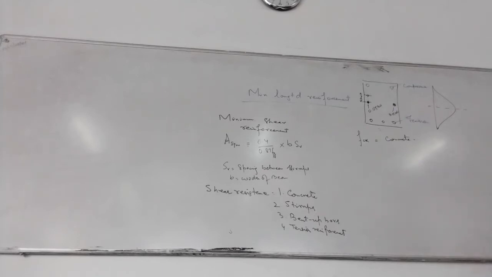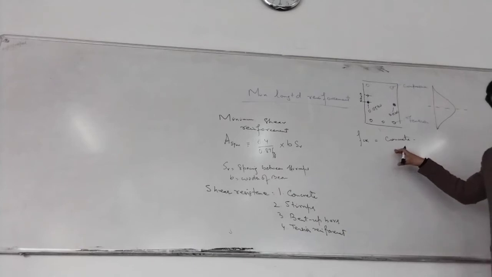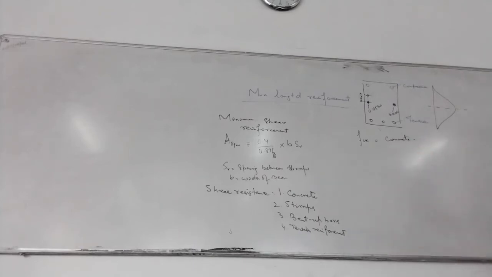Compression is like this, and shear is along different planes. So between compressive strength and shear strength there is a relationship, and that is given in this table. So first it's dependent on the concrete grade.